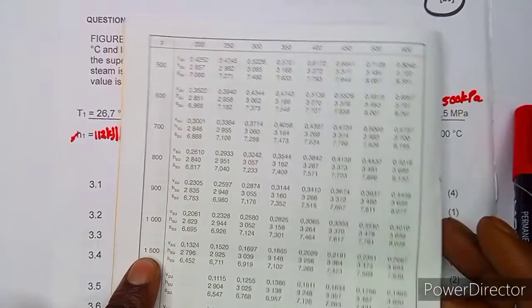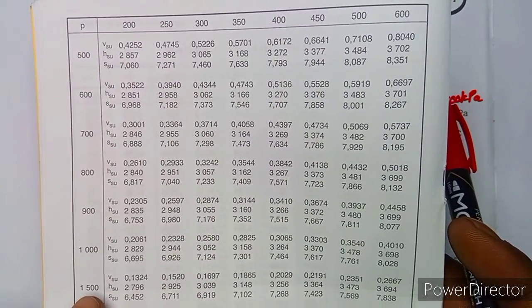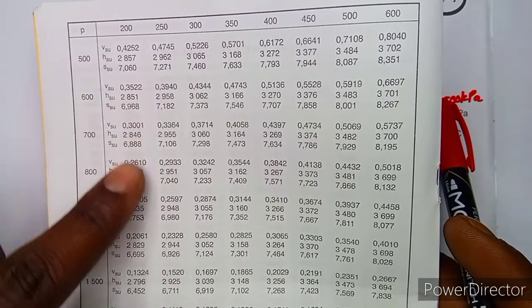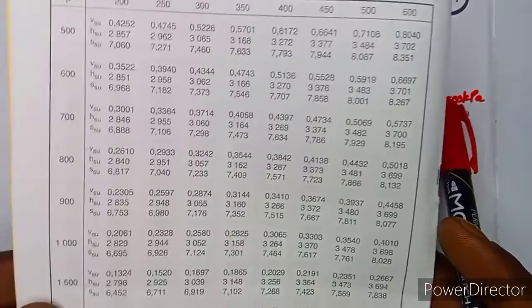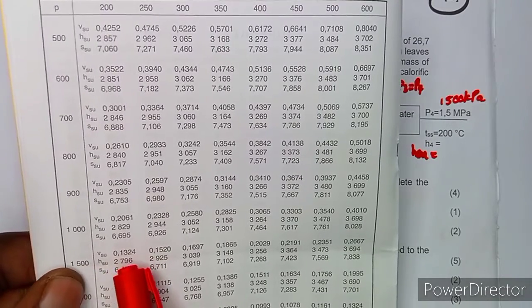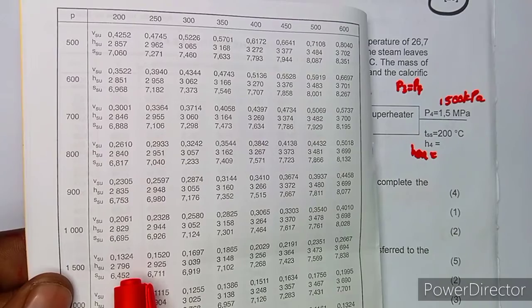This is your pressure of 1500, versus the temperature of 200. Where these two meet at this point in the superheated steam table, that is the one you're going to take, which is 2796.